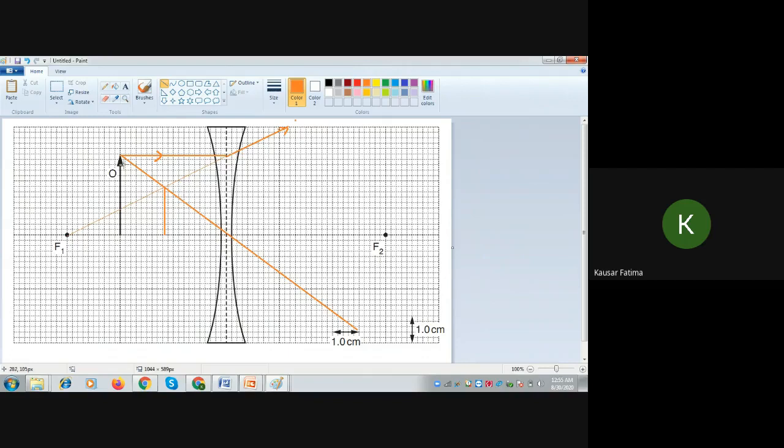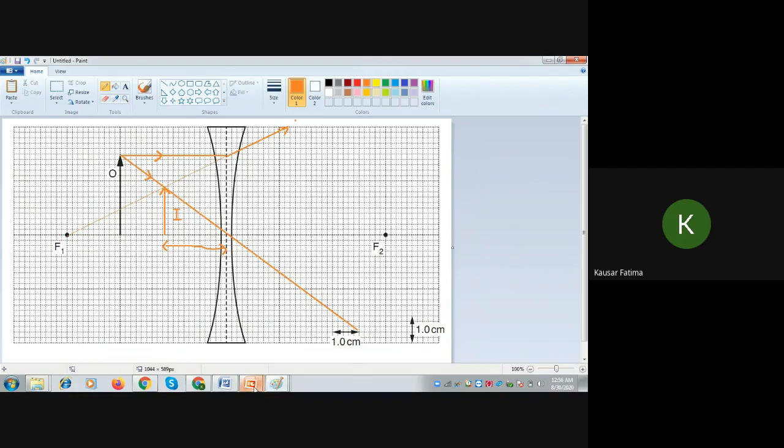Upright, because the rays are coming from the top of the object, and where they meet is also showing the top of the object. So this is your image. The image distance you can measure from the central line till this point.